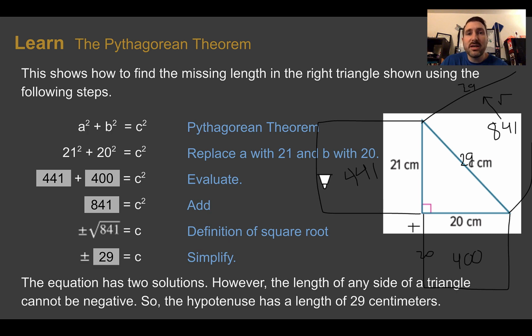Now, because we're talking about the side length and the distance, it can't be negative. So even though a square root really has a positive and a negative answer, we're only going to worry about the positive ones for the Pythagorean theorem. So my final answer would just be 29, since that's my positive square root.